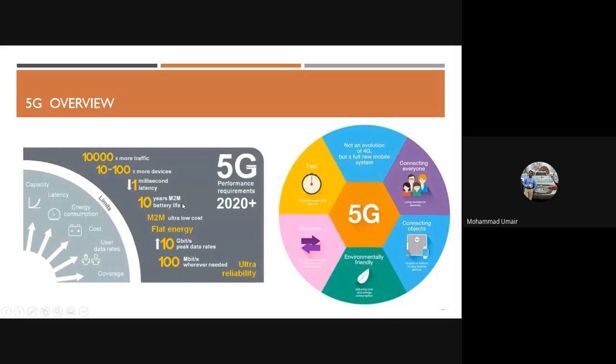So if you are implementing the technology for a smart meter or an IoT device, it should have a battery life of 10 years. One charge of the battery should last for 10 years. Latency should be less than 1 millisecond. The system capacity should be 10,000 times more than what was there in 4G, and so on. So this is basically your ultra reliability and high performance.